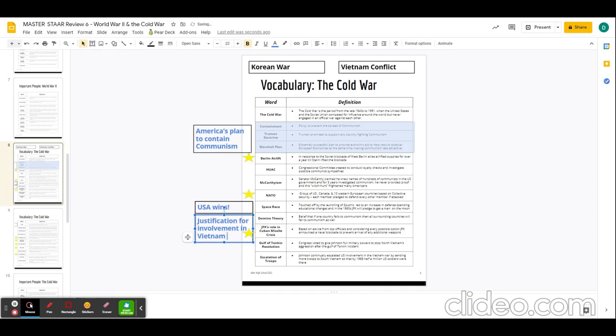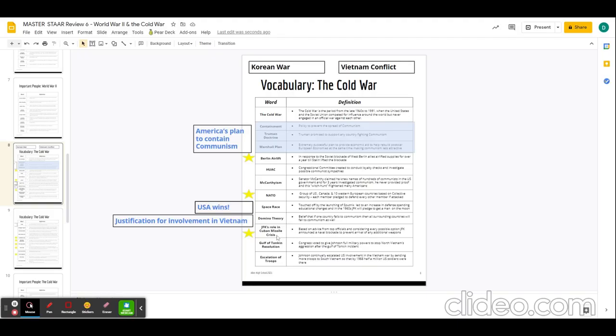This is why under Kennedy, we start sending advisors over and everything escalates to the full involvement that we see. But the domino theory was the justification for why we were focused on Southeast Asia and why it was so important for us to keep Vietnam from falling to communism.